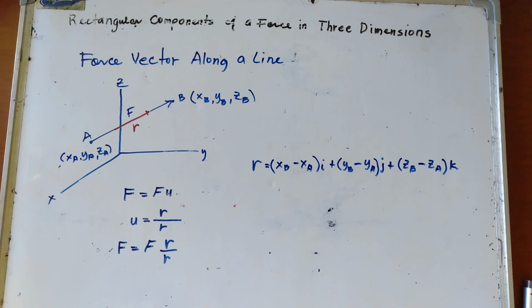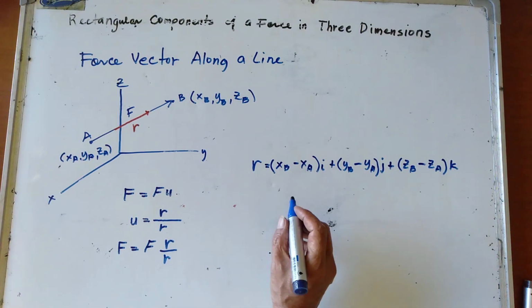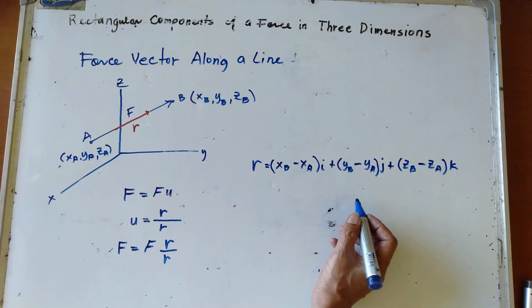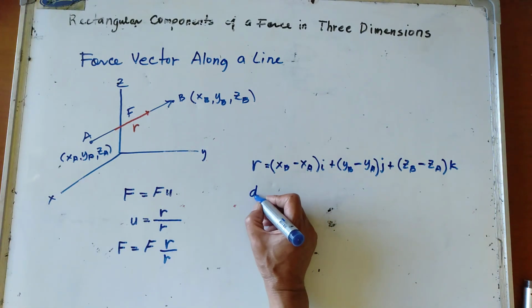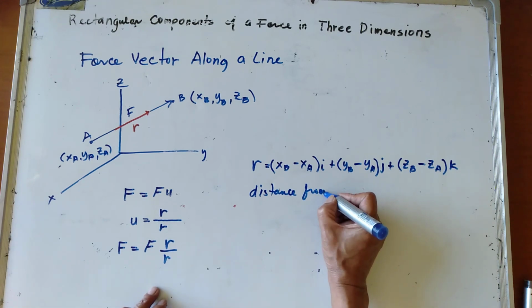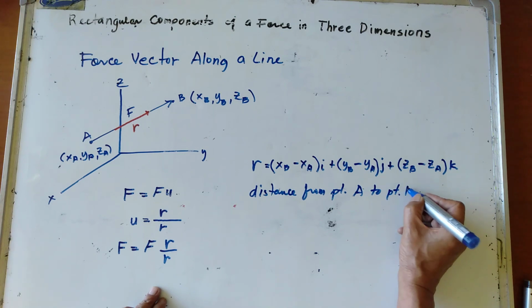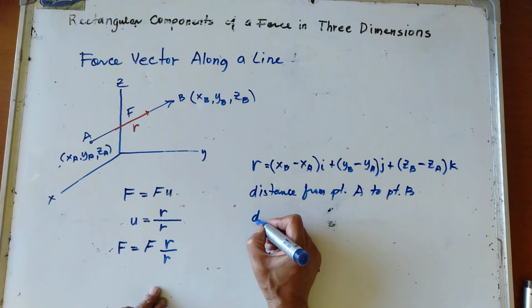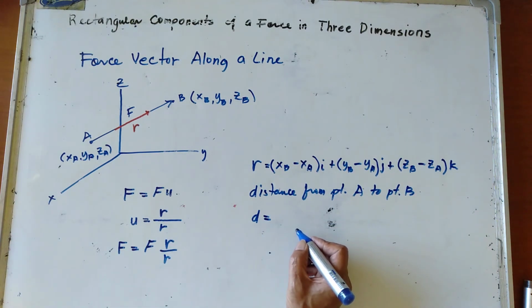So let us now get the magnitude of this position vector. What is therefore the distance from point A to point B? The distance from point A to point B is the magnitude of r.